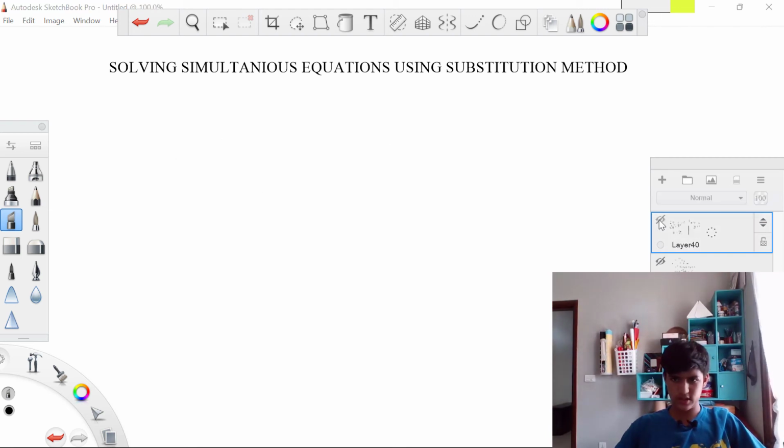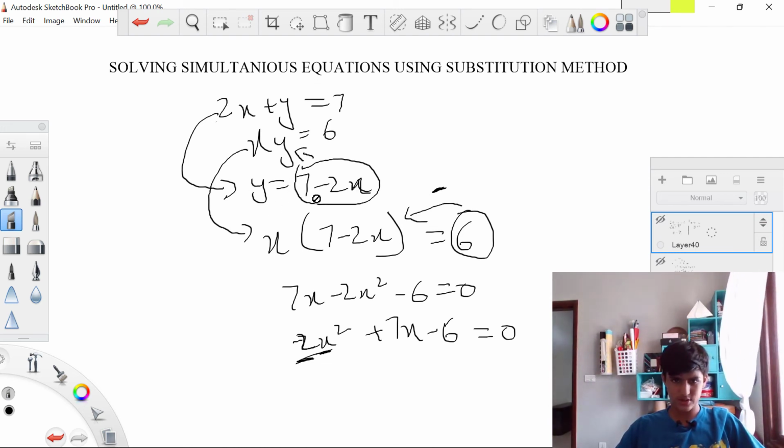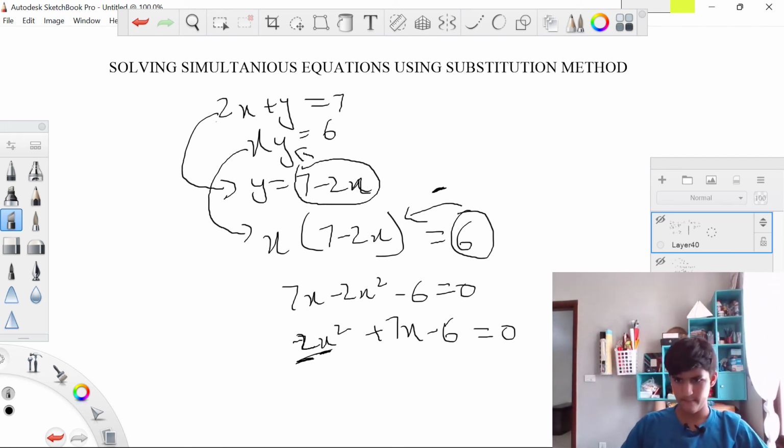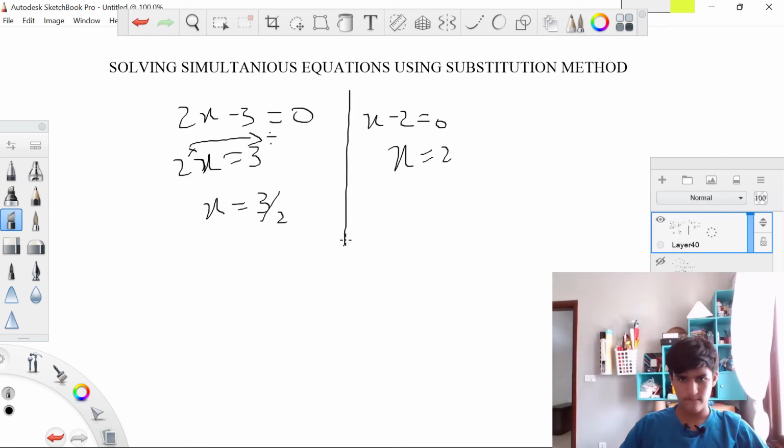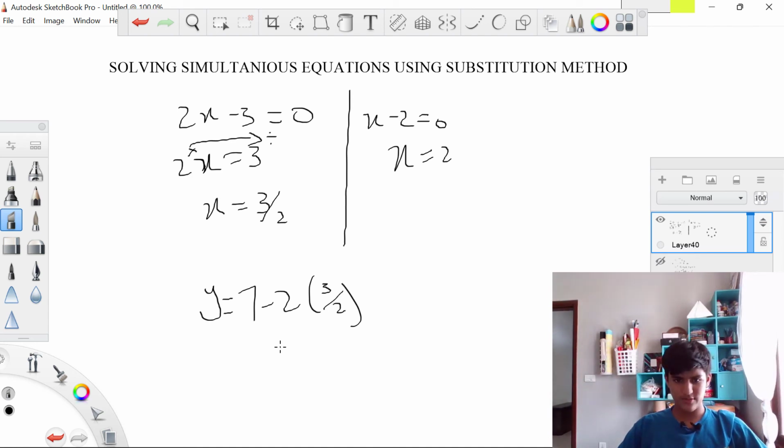Now we put these values in the starting equation, which was y is equal to 7 minus 2x. y is equal to 7 minus 2 into 3 upon 2. So 3 upon 2 is 1.5.